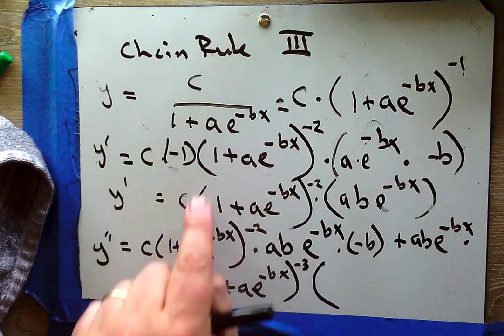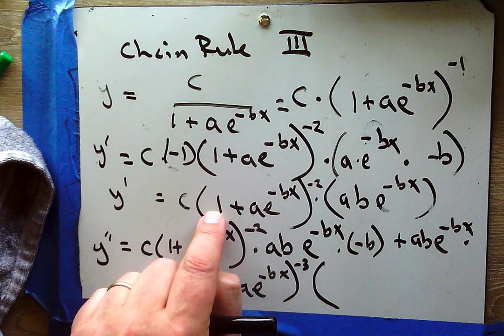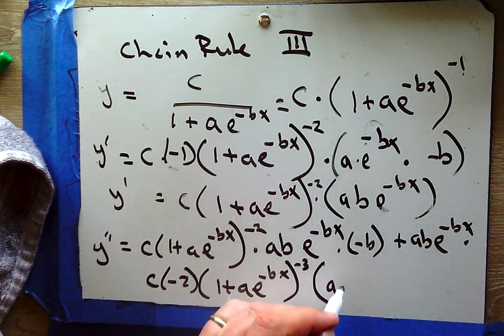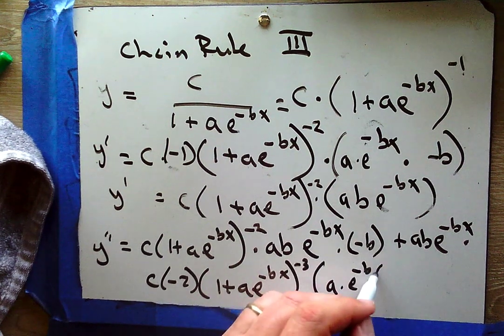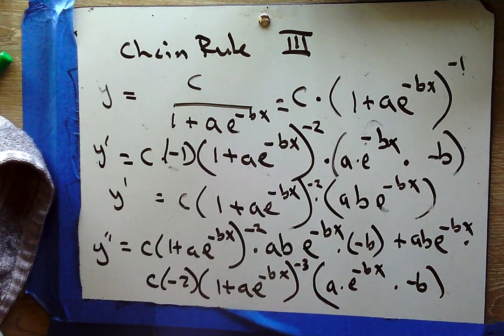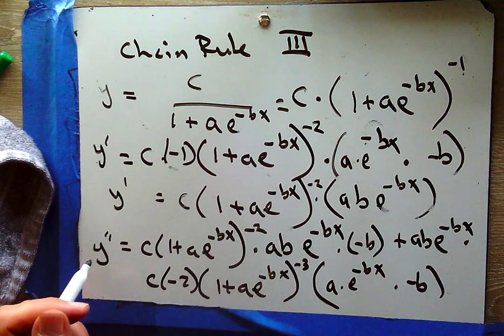Times the derivative of this inside. The derivative of 1 is 0. The derivative of this constant times e to the something is going to be all that stuff times the derivative of here, which is negative b.